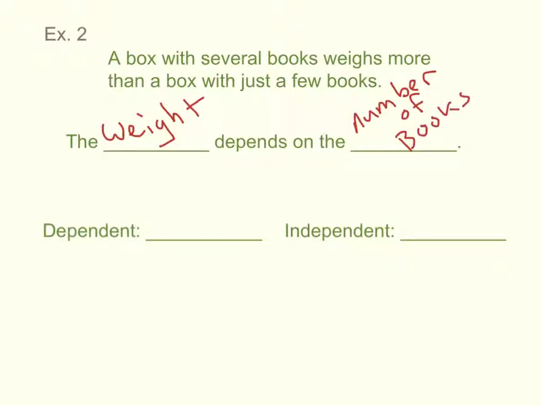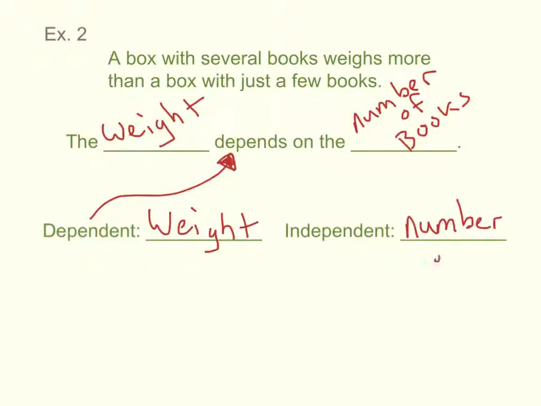That just makes sense. So once again, my dependent is whatever depends on something else. So the weight is dependent, and the independent is the number of books.